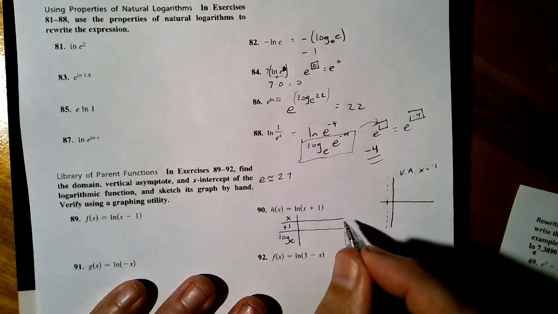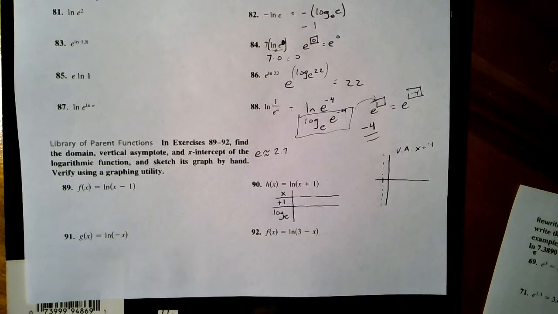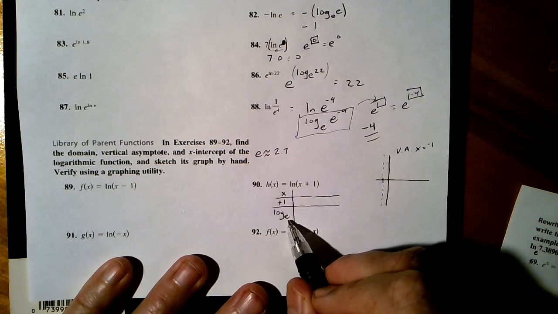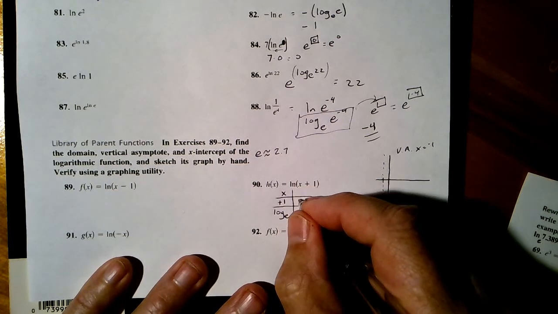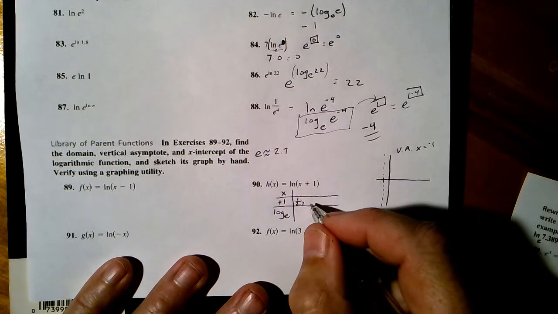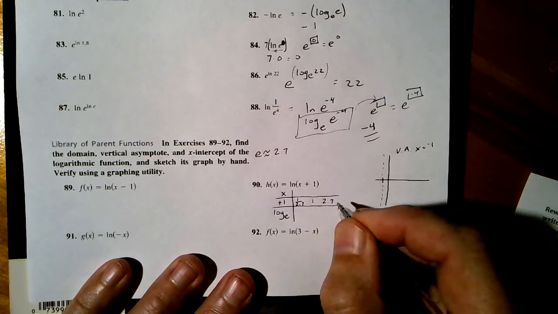Now, values that I want, I'm going to use this whole 2.7. It's just going to give us some approximations. So values that I want to put into e would be like 1 on e, 1 on about 2.7. Just 1. 2.7.